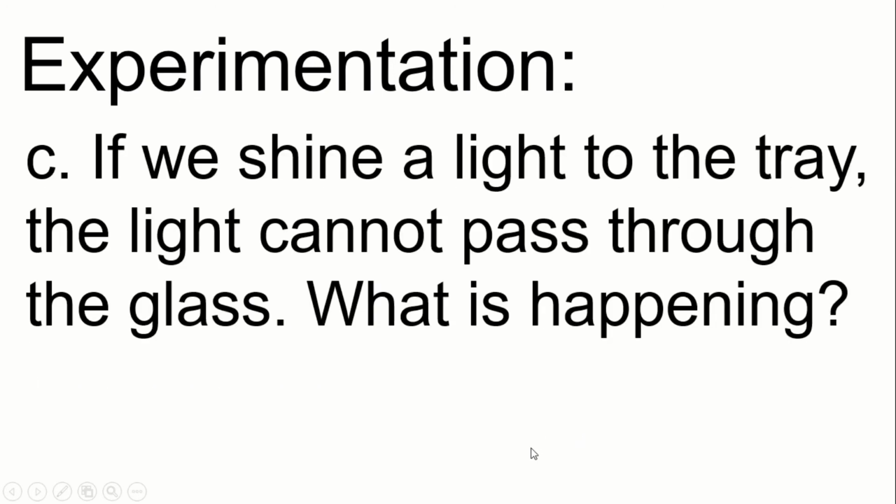Now let's move on. Number 3. If we shine a light to the tray, the light cannot pass through the glass. What is happening? Okay, very good. The tray blocked the light so that it cannot pass through.